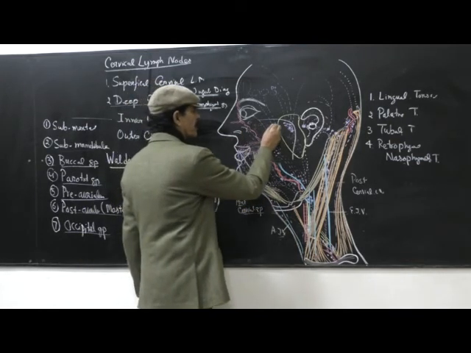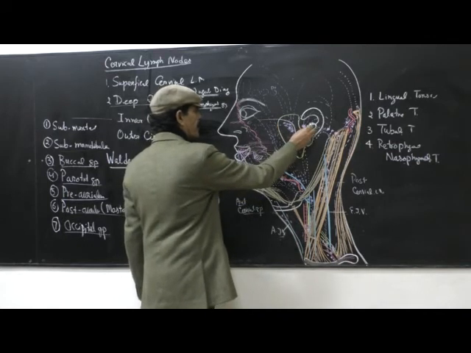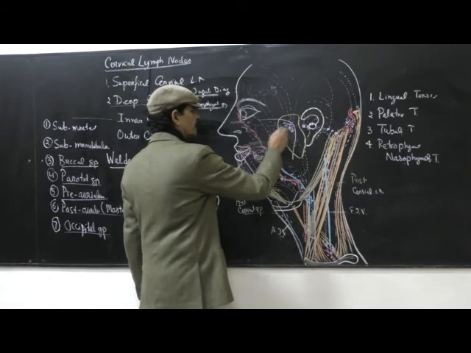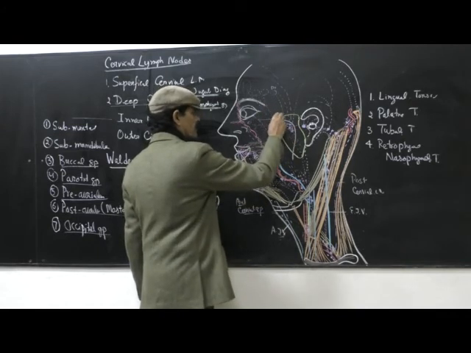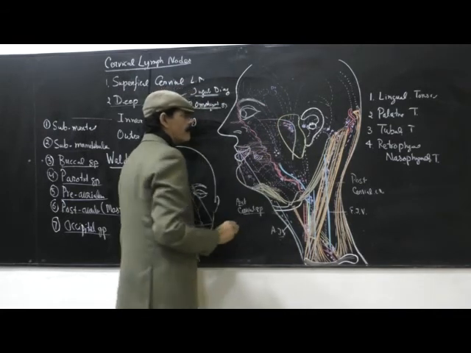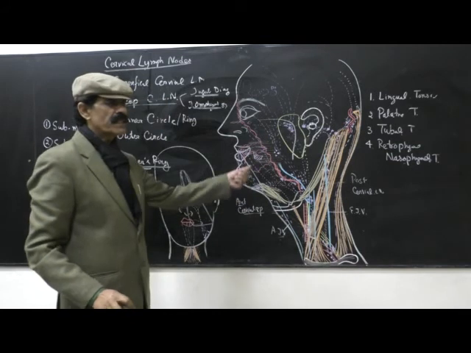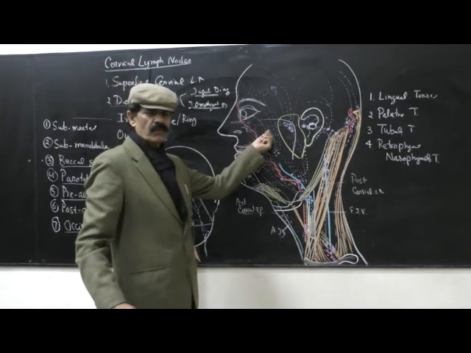So this nasopharyngeal group of the lymph node receives the afferents from the posterior part of the nasal cavity, then from the tympanic membrane, then from the sphenoidal air sinus, and it receives from the Eustachian tube also.